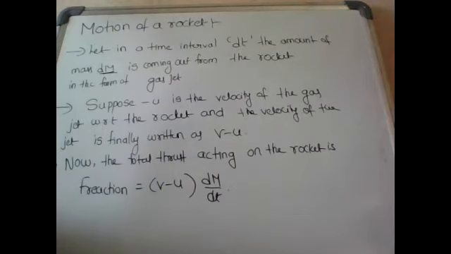So here the total thrust acting on the rocket is, we can write F reaction equal to V minus U into dm by dt.